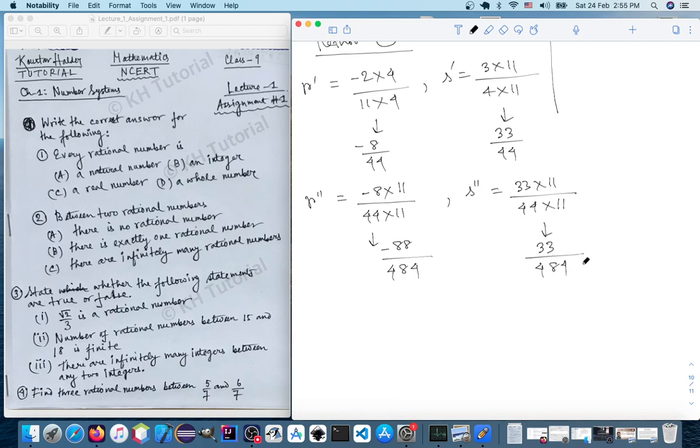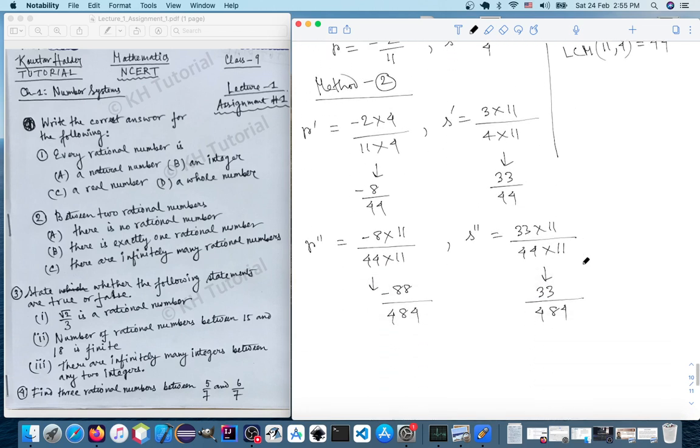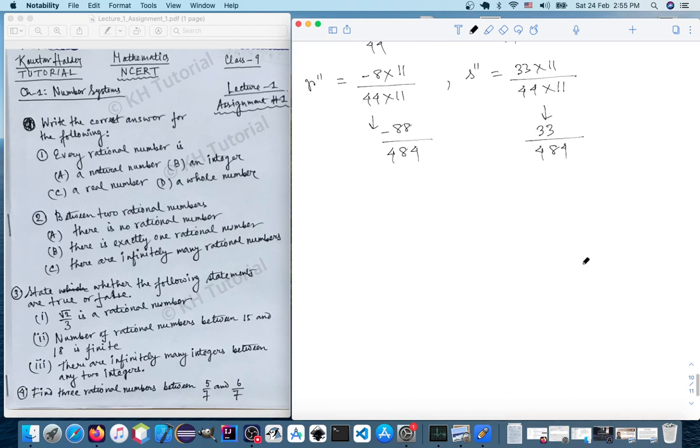Now, as the final step, to find the 10 rational numbers, we start with R double dash and keep on adding 1, 2, 3, 4 like this to the numerator.